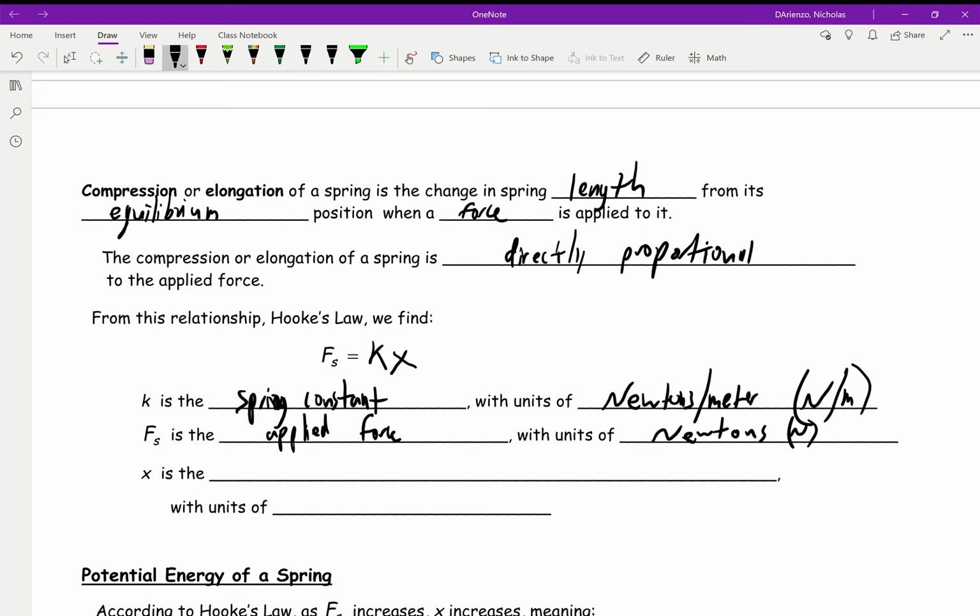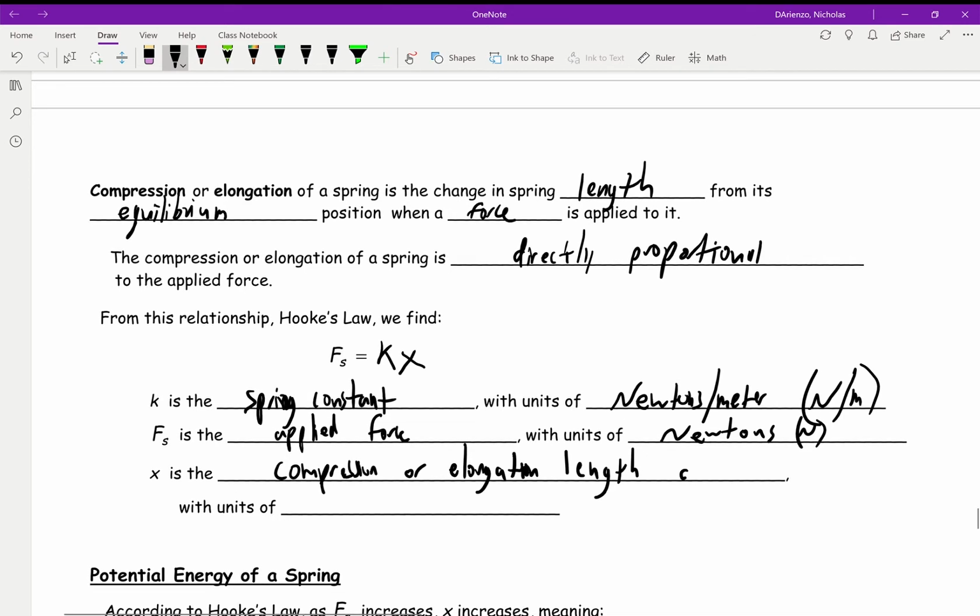And x is going to be how much that spring was compressed or elongated. So x is the compression or elongation length, and I'm going to put in parentheses here displacement. And that's displacement from equilibrium.